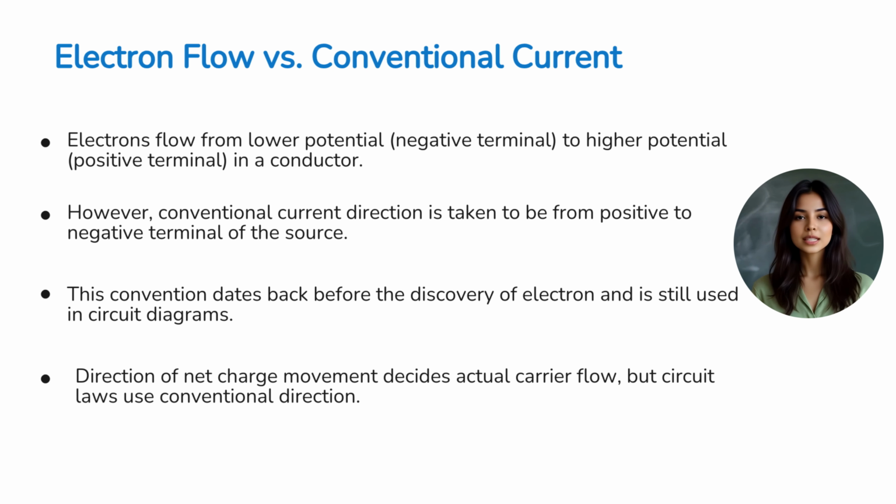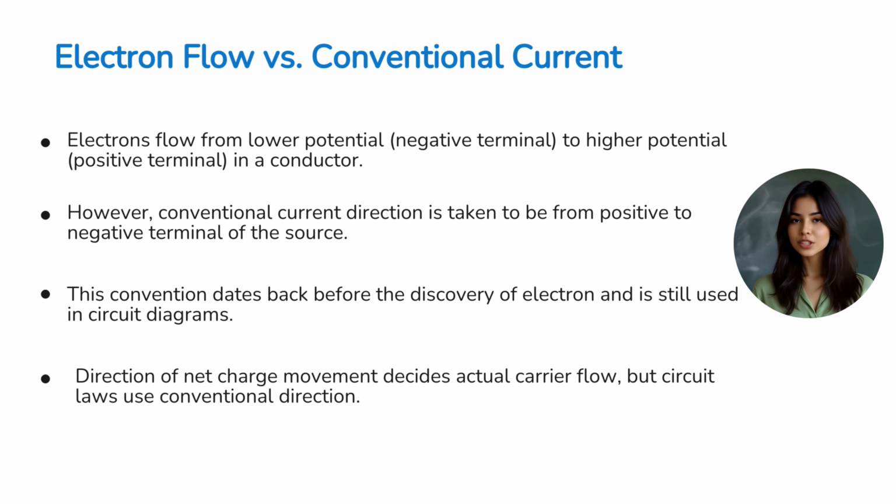Here's a little twist in our electric story: the direction of current. Electrons actually move from the negative terminal to the positive terminal, kinda like swimming upstream towards higher potential. But wait, when we draw circuit diagrams and talk about current direction, we use the opposite. Conventionally, current is shown flowing from positive to negative terminal. This old tradition dates back to before scientists discovered electrons, so it stuck around like an old nickname.